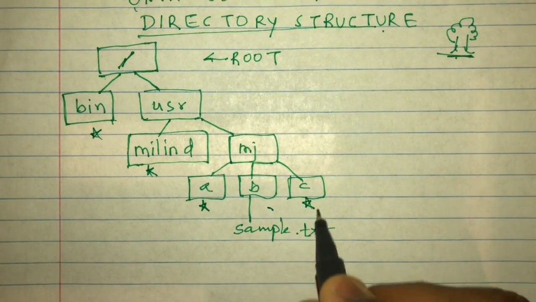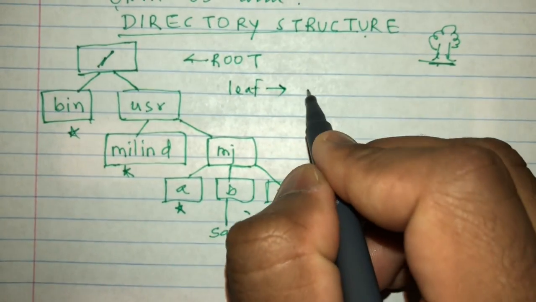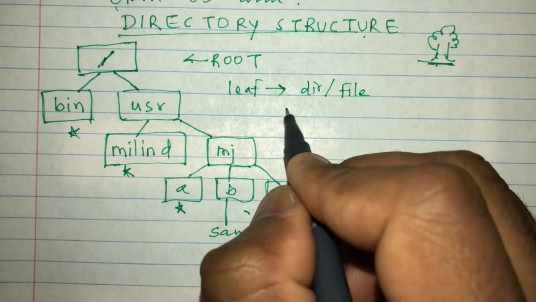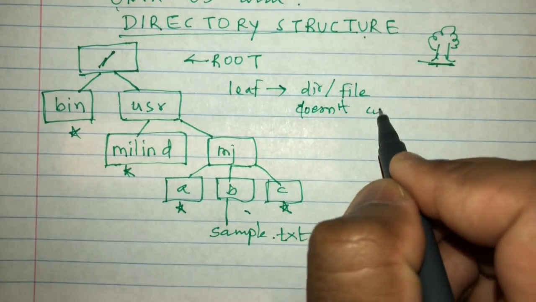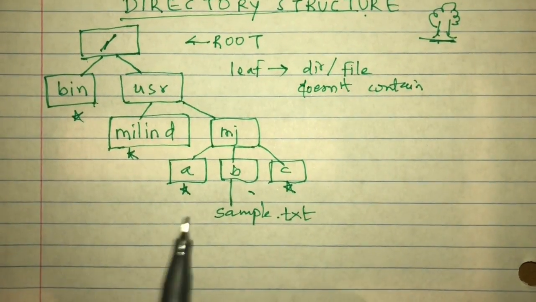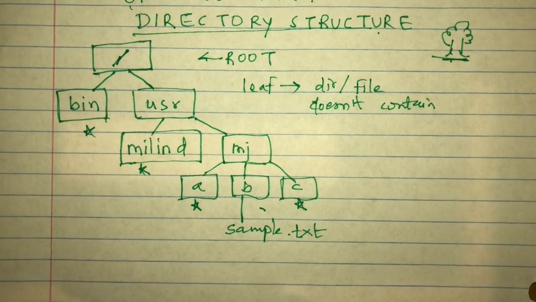By definition, a leaf can be a directory or a file which doesn't contain anything inside itself, right?